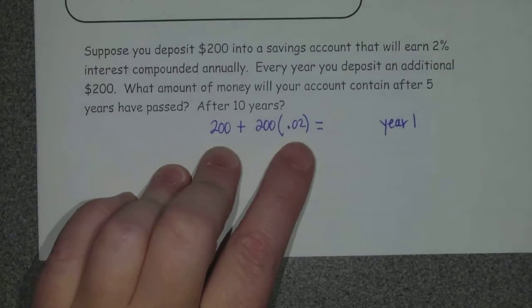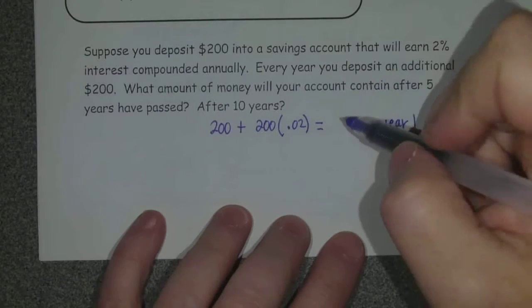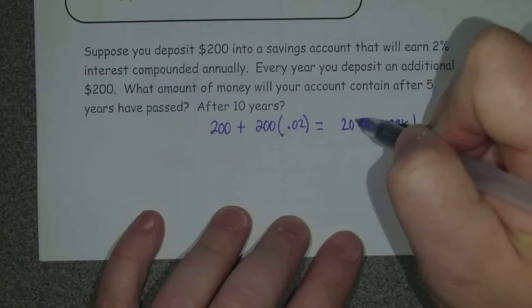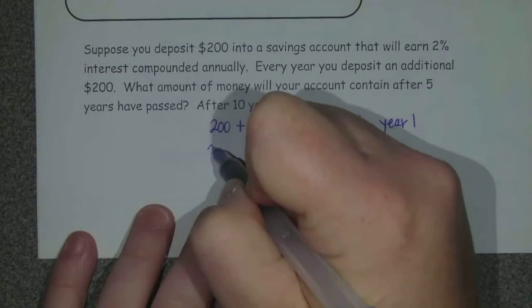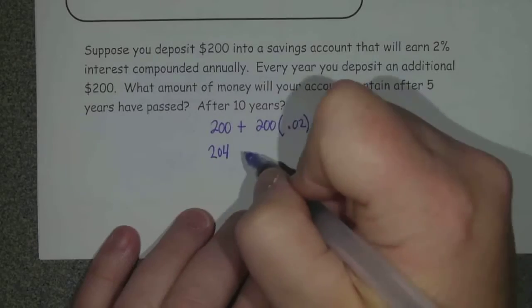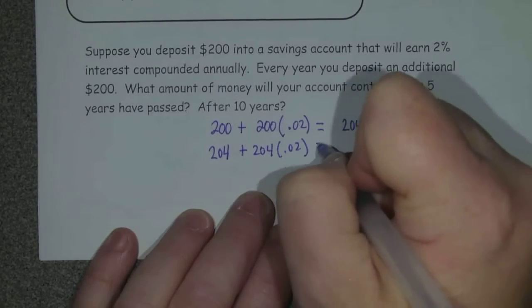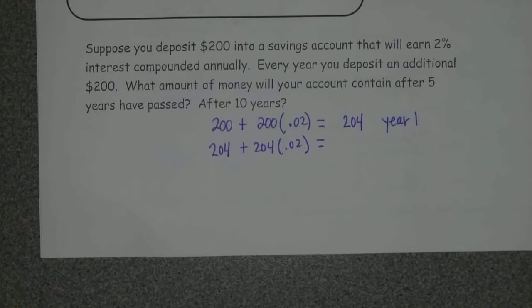How much? Good. Do you guys agree that I would start the next year with $204? And I would add 2% of that on at the end of the year?